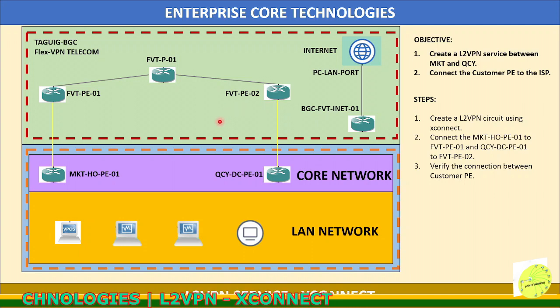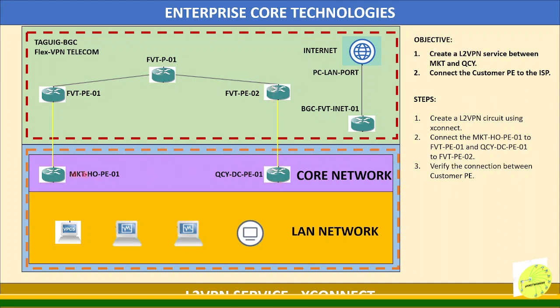Our steps are to create an L2VPN circuit using XCONNECT between PE1 and PE2 of the ISP, and then we will disconnect this link and connect it directly to the ISP, and then we will verify the connection between the customer PE.